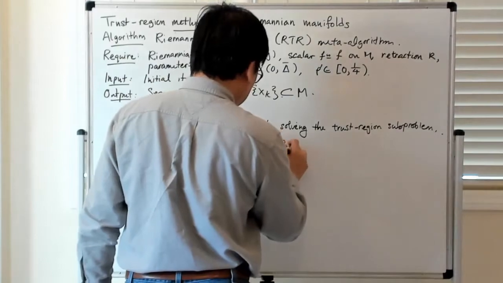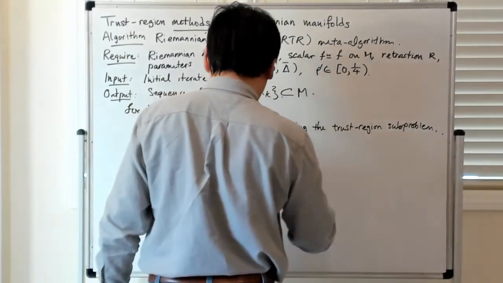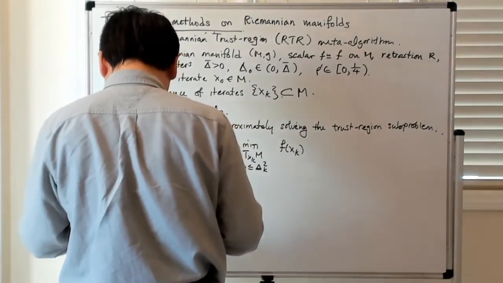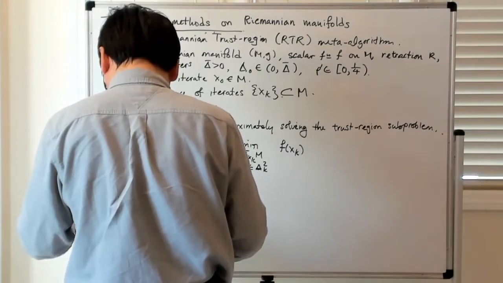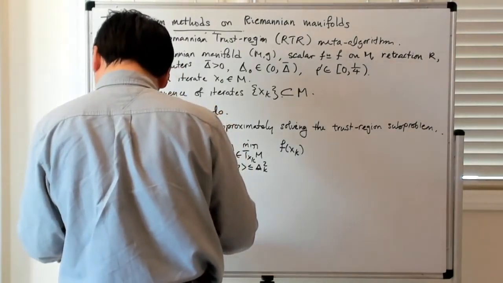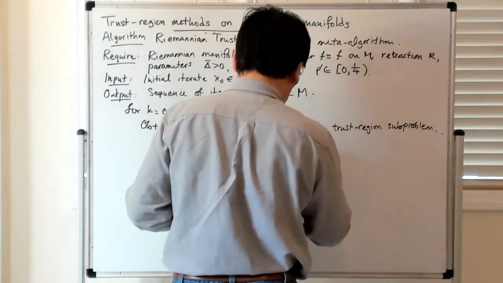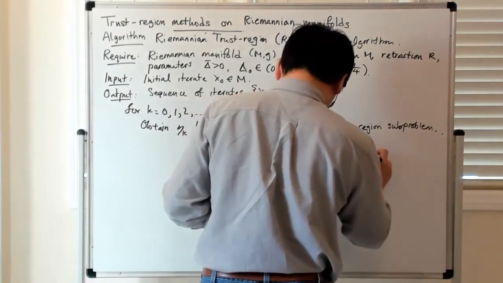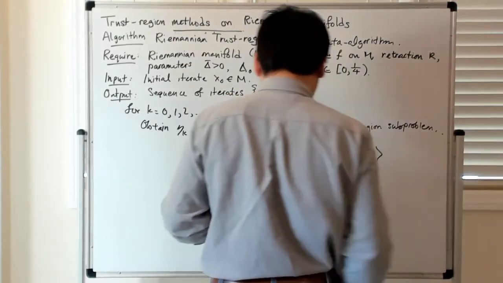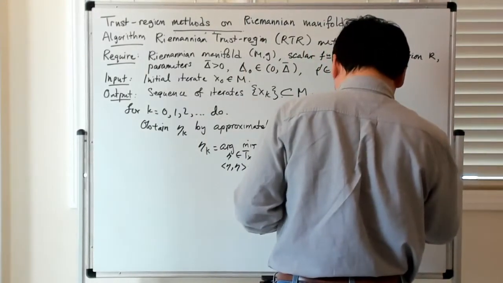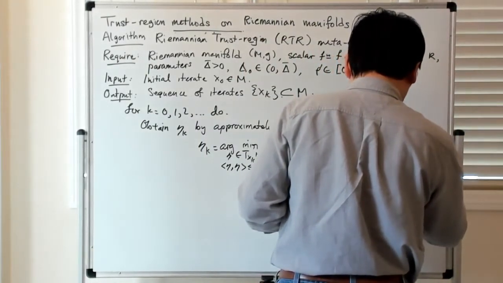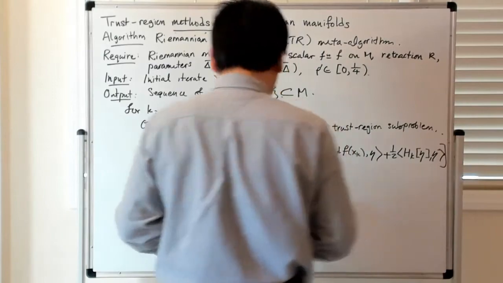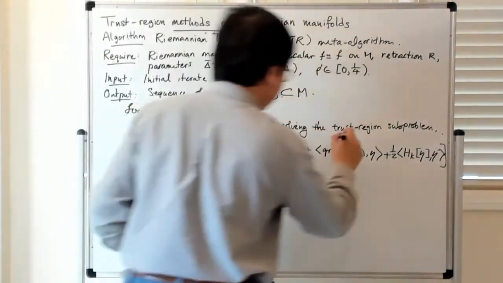And then the model is f of xk plus gradient of f at xk paired with this vector plus 1/2 Hk eta eta. Okay, so this is the trust region subproblem.